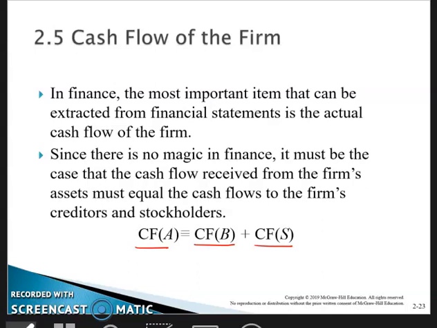Note that this is the balance sheet equation. Total assets equals total liabilities plus total equity. This is the same relationship that we're talking about here.